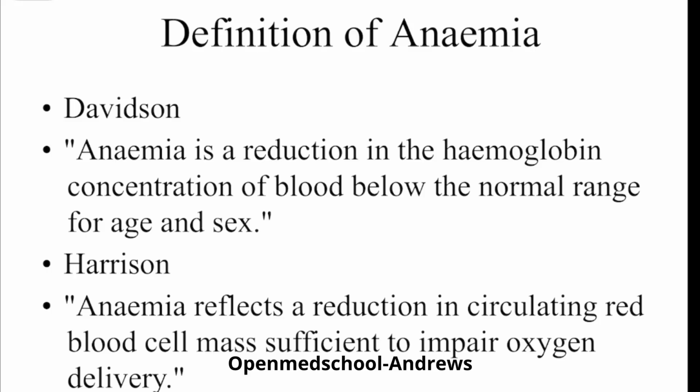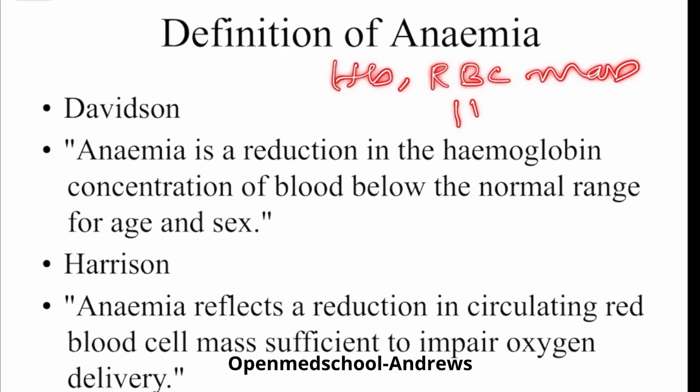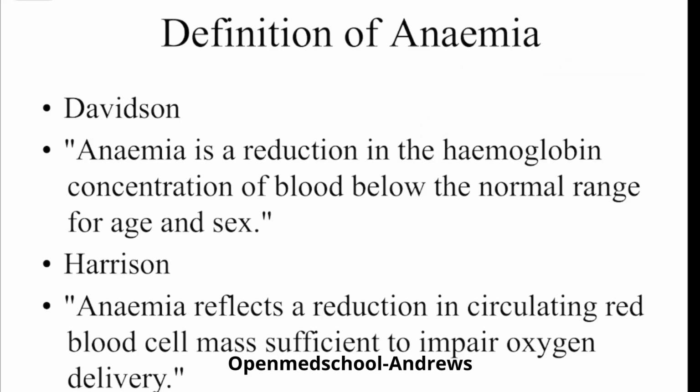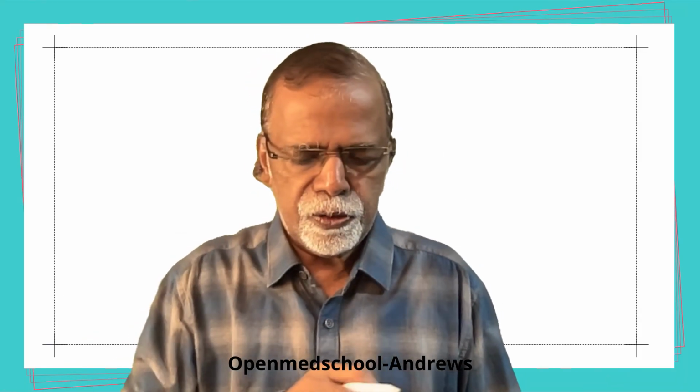As per Harrison, anemia reflects reduction in circulating red cell mass sufficient to impair oxygen delivery. As per Wintrobe, it is reduction in hemoglobin, RBC mass, or hematocrit. So basically the definition is the same in most of the textbooks.